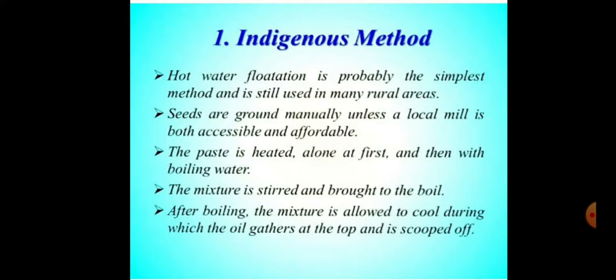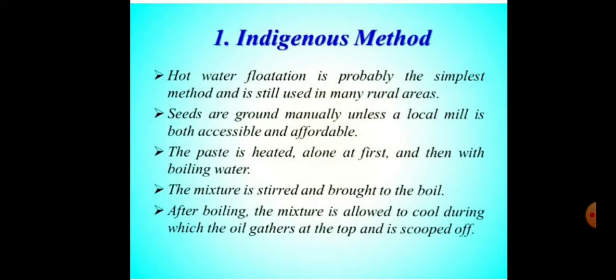So grinding is carried out. While grinding, whatever oil glands are present burst, and that's why the oil is mostly easy to extract. So firstly the paste is prepared, and after that the paste is heated. While heating, the oil glands start to leach the fat, and after that hot water is added and boiling is carried out.